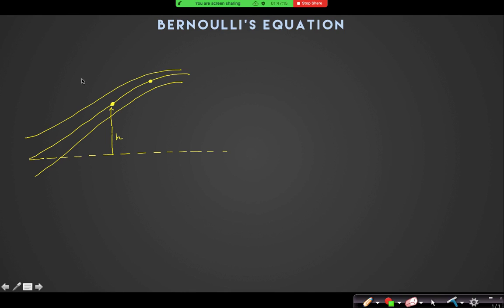To understand the coordinate, I will take one coordinate system along this line. This is my x-axis and this is my y-axis. I will try to redraw this fluid element by taking the x and y axes like this.